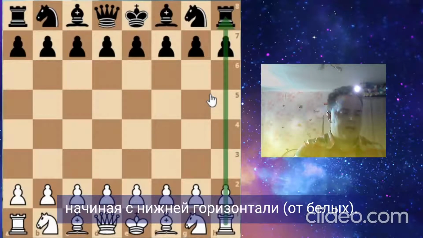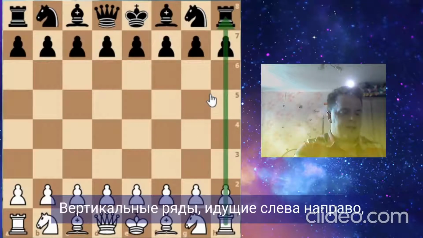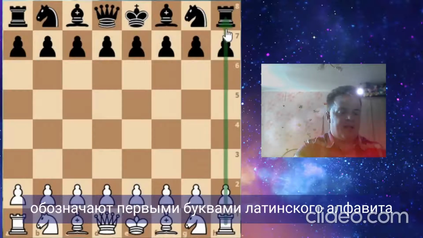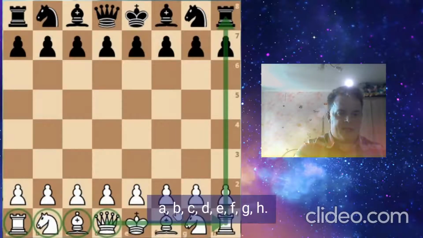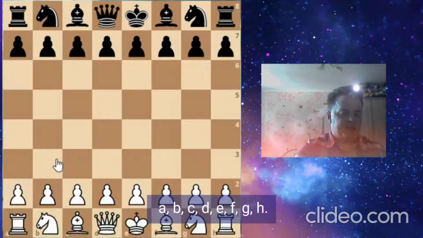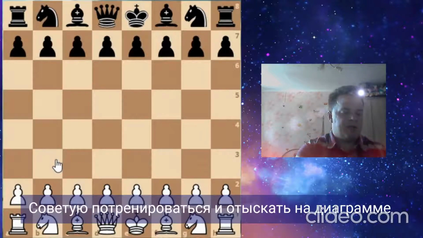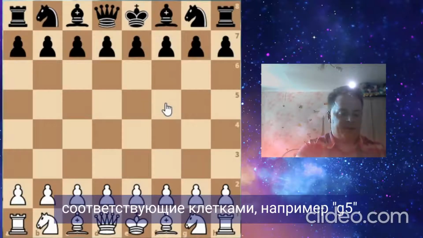Vertical rows run from left to right and are defined by the first letters of the Latin alphabet: A, B, C, D, E, F, G, H. I advise you to practice finding the corresponding square on the diagram, for example G5.